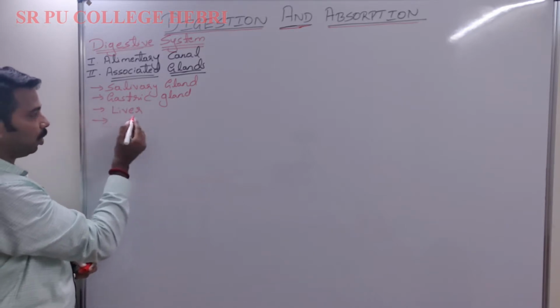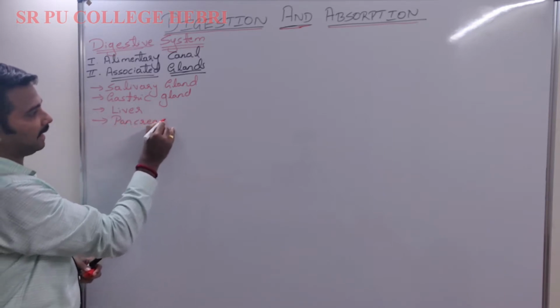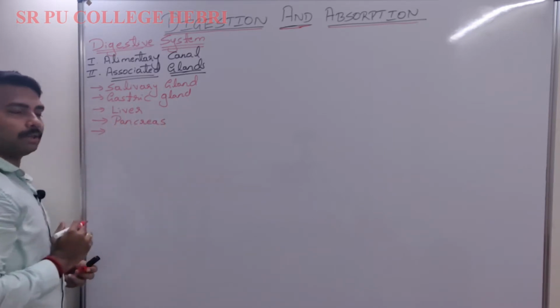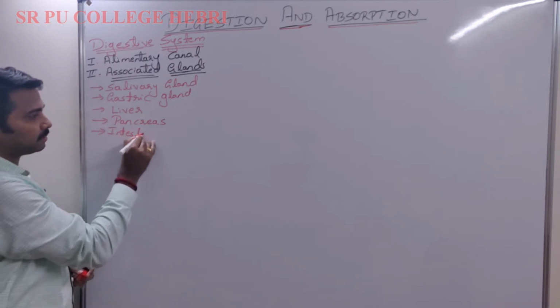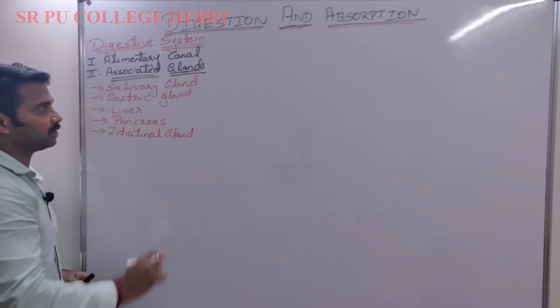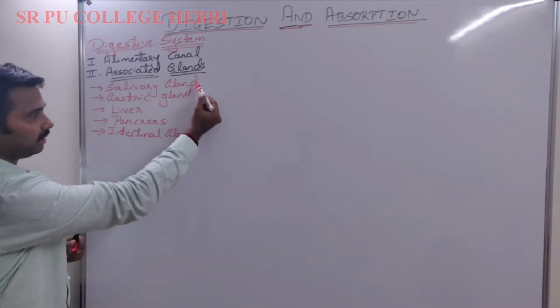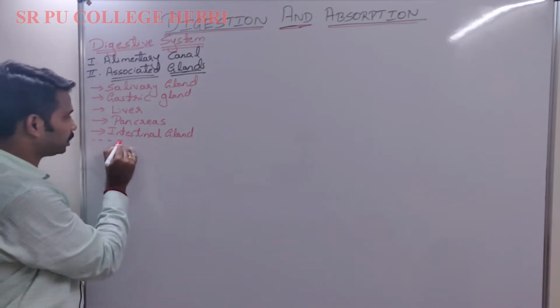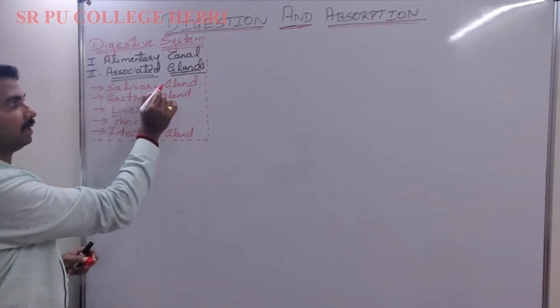Below the stomach, we have a leaf-like gland called pancreas. And in the wall of the small intestine, there is intestinal gland. So remember that. When you speak about associated glands, you are going to study these 5 important glands. Okay, now let us begin first with which one?